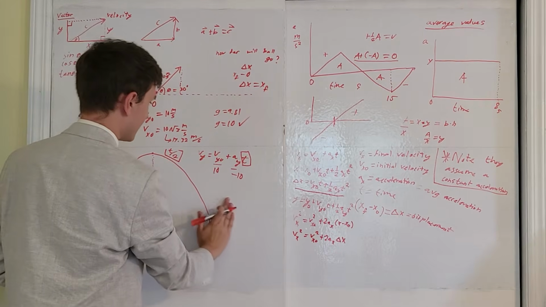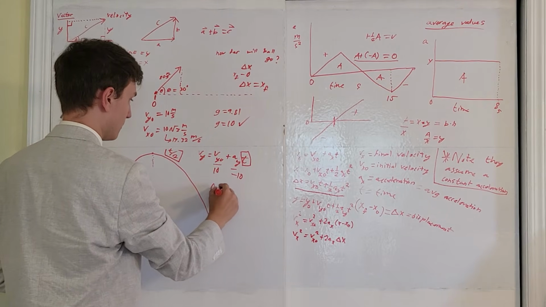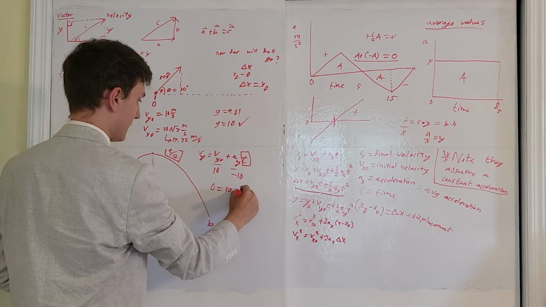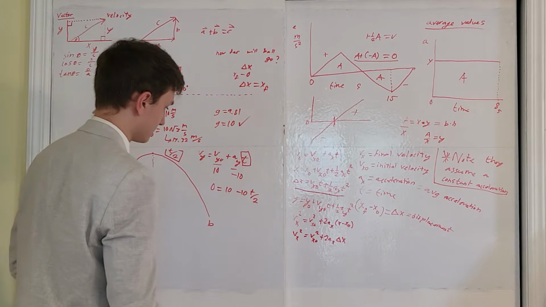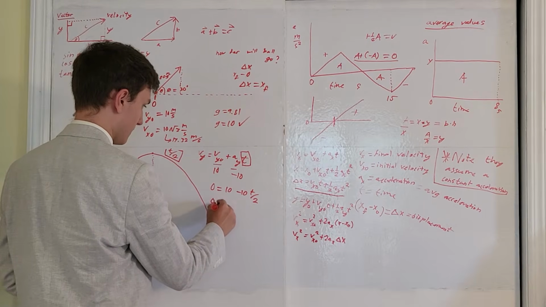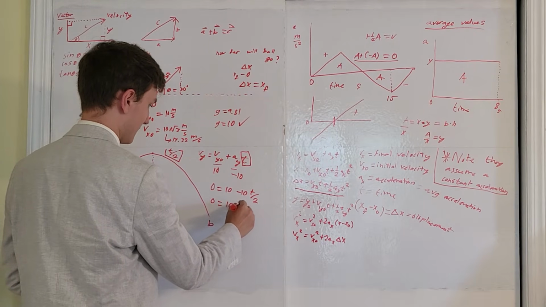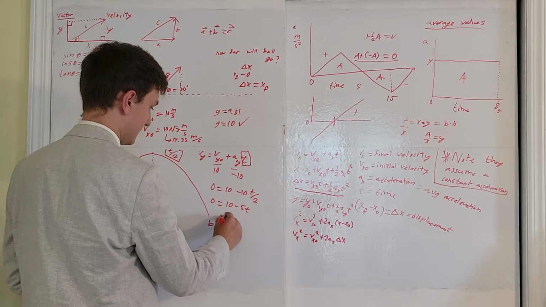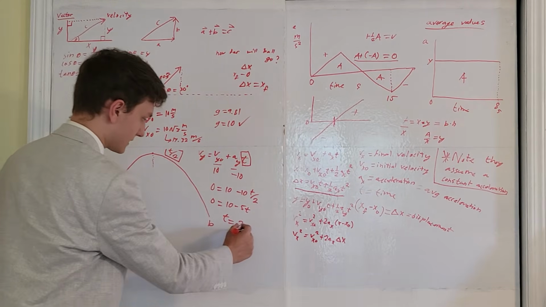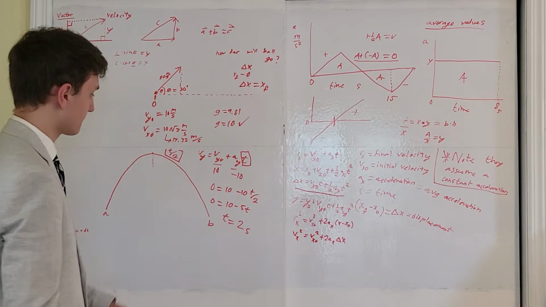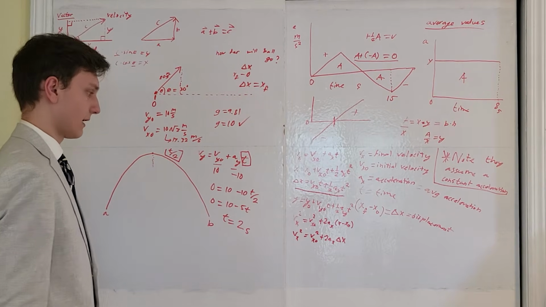We can rewrite that equation as 0 equals 10 minus 10 times t over 2. 0 equals 10 minus 5t. t equals 2 seconds. Now we've just solved for our time.